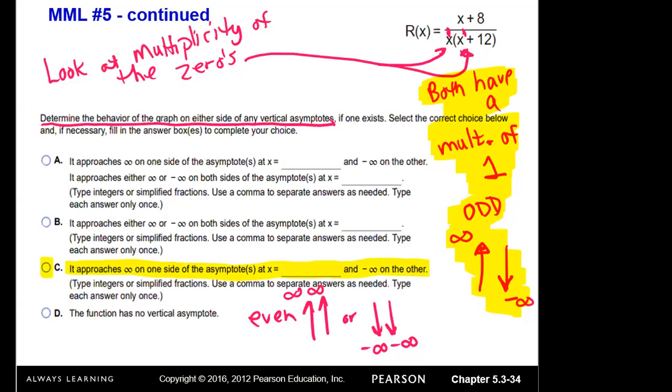And my two vertical asymptotes, once again, were the 0 and the -12. So same numbers again. Now, which one's going up and which one's going down, I'm not sure yet. That's when you break it up into intervals and do the little number line chart and all that.